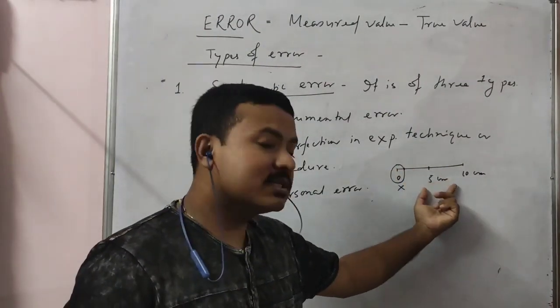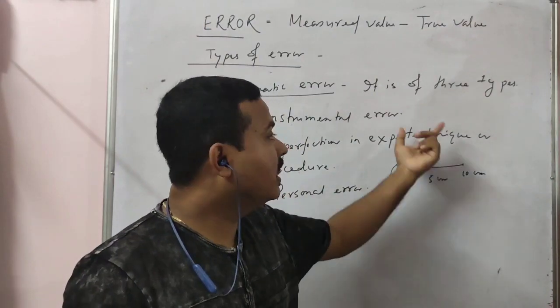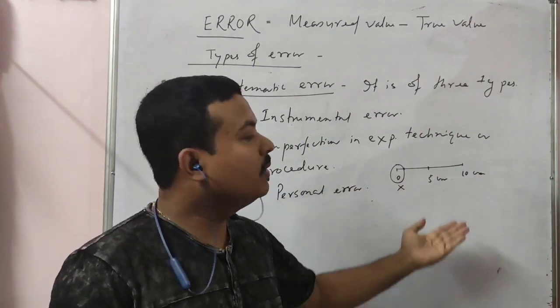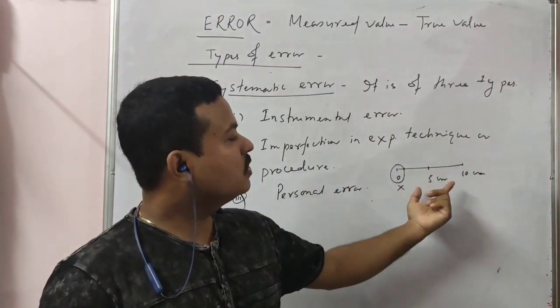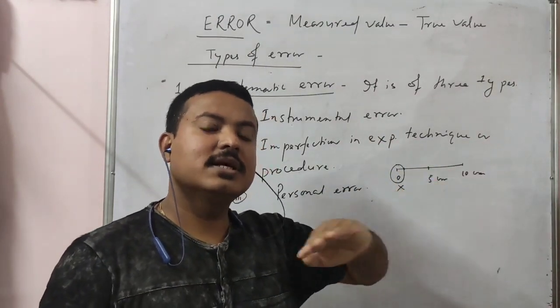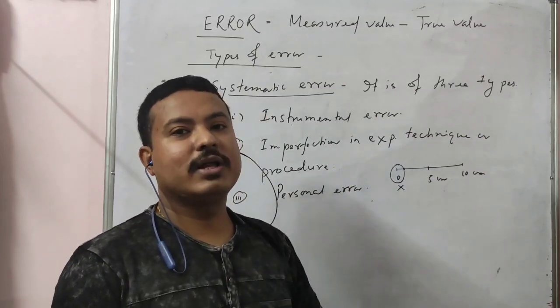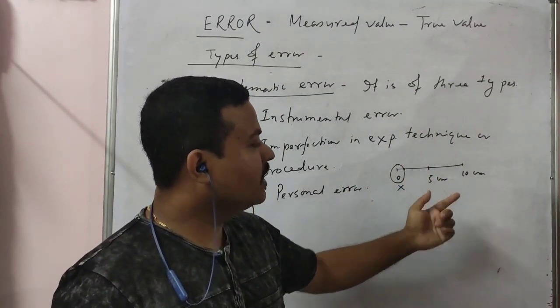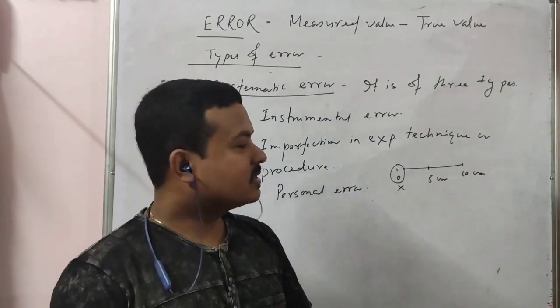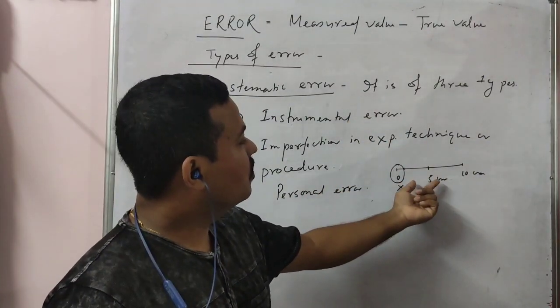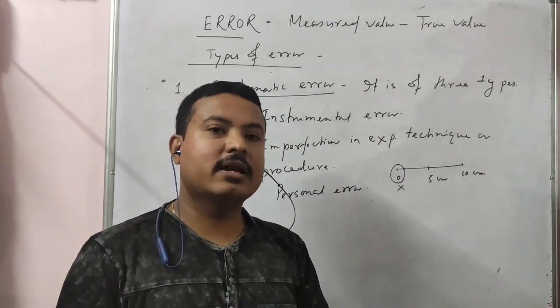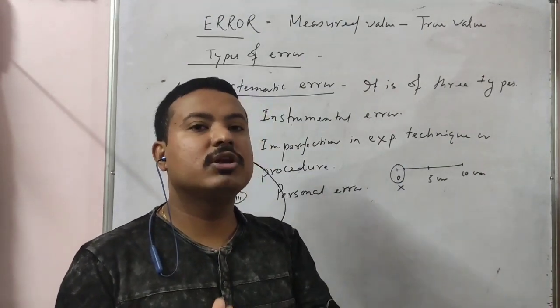So if we use this scale to measure, then how will we get the accurate one? The result will be always less than what? The actual value. So here also you will get the same type of error, that is, the value will be less than the true value. So if we measure with this instrument, the error always comes and will be less than the true value. So this is called what? Instrumental error. That is, the error occurs due to using a faulty instrument.